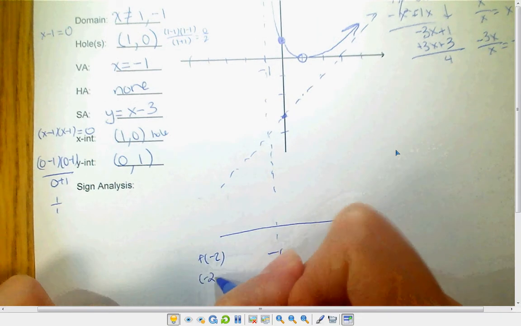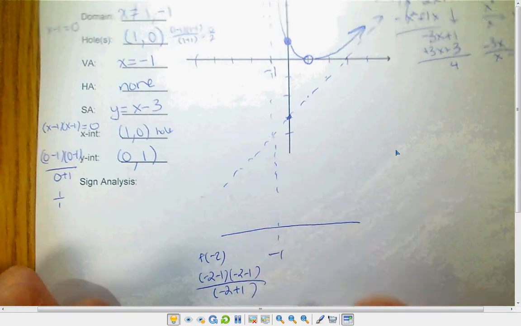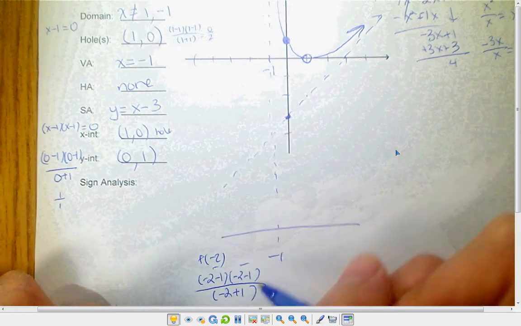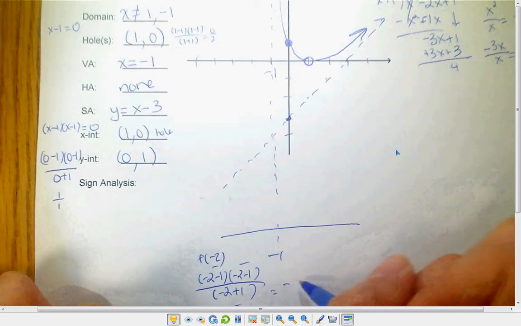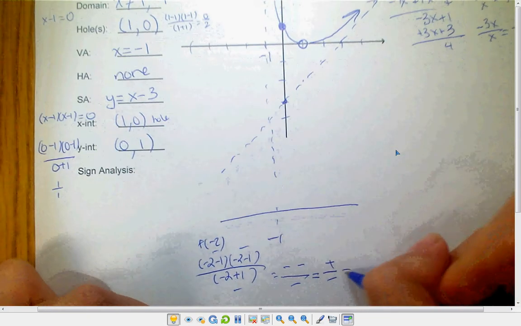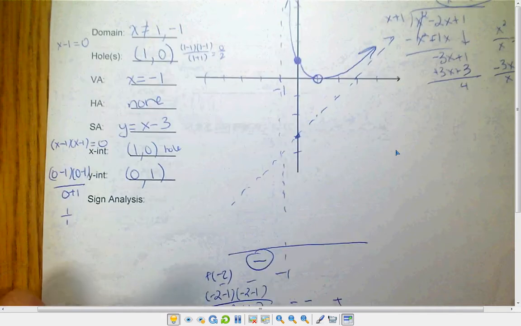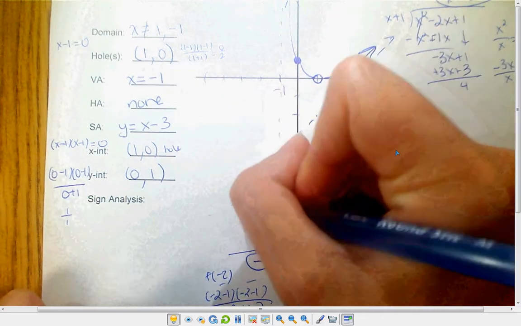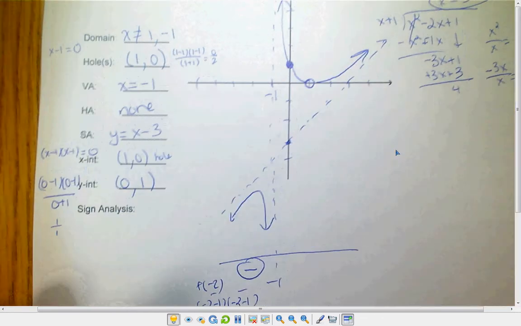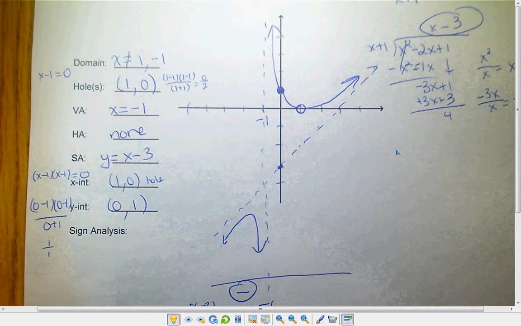If I do negative 2 minus 1, negative 2 minus 1 over negative 2 plus 1, this is going to give me a negative, negative, negative, which is a positive divided by a negative, which is a negative. So this whole thing is going to be underneath. And so I want it to be underneath my asymptotes. So this one's going to curve downward like this. So that is my function for number 2, or number 3.